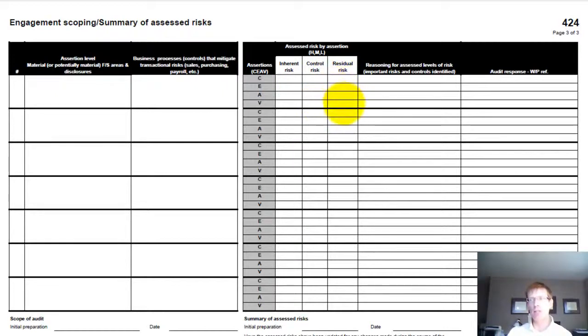Our residual risk would be the risk that's left over after the inherent and the control risk have been established. And then notice that we would document our reason for assessing the levels of risk as we have, as well as documenting our response, which we will pick up in the next lesson.